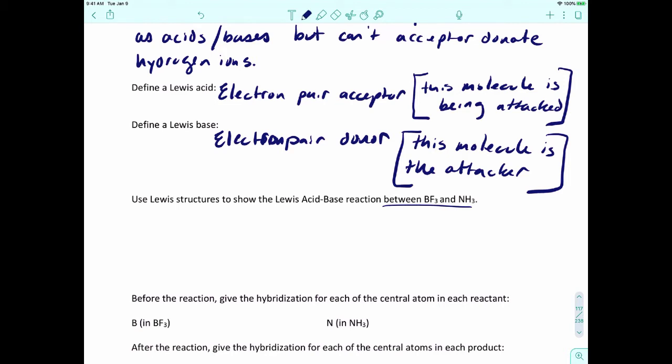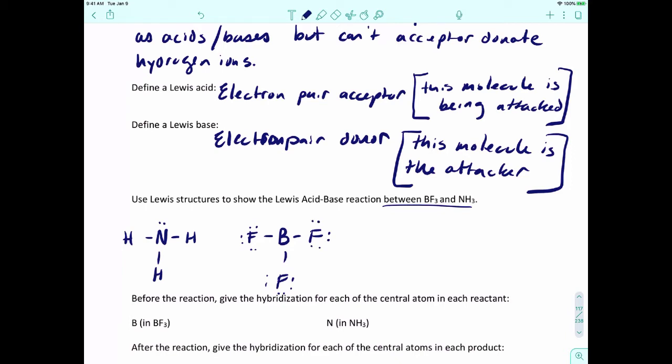So let me draw some structures here. Here's the structure for ammonia, NH3, and I'm going to draw the lone pair. And then here's the structure for BF3, and I'm going to draw the lone pairs for the fluorines. And then boron has 6 electrons, it's happy.